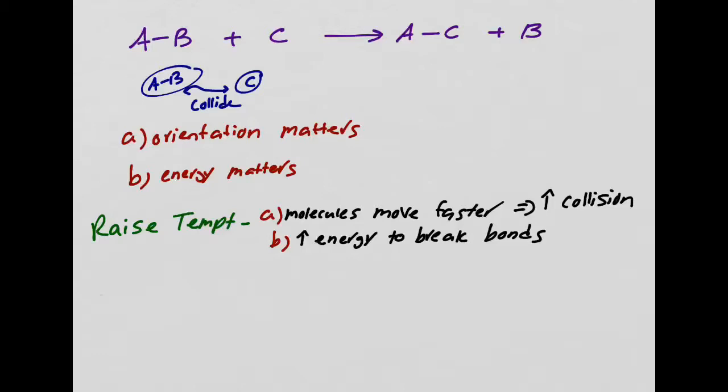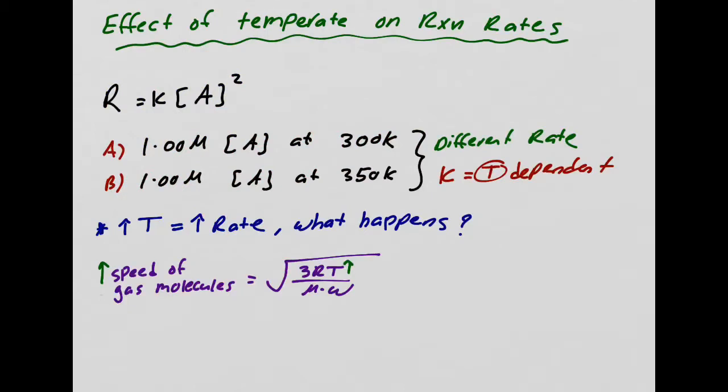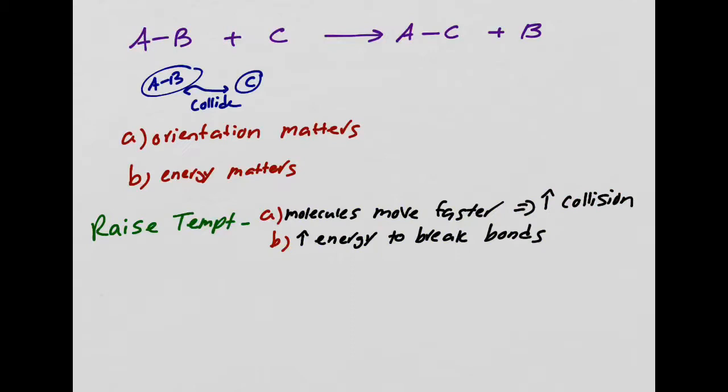I'm going to repeat it one more time. You raise the temperature. The molecules are going to move around faster. I just showed you this. Temperature goes up, the speed goes up. When the molecules are moving around faster, you're going to have more collisions, because if you move around faster, you have a higher chance of colliding into things.